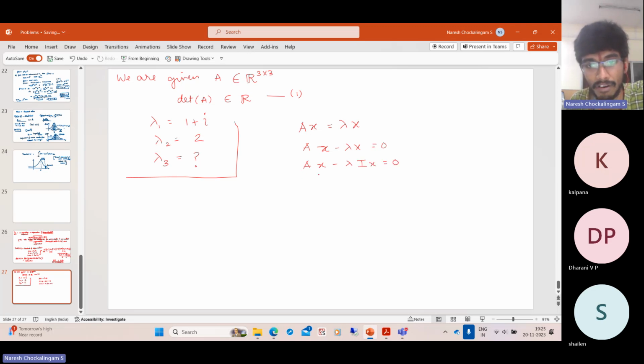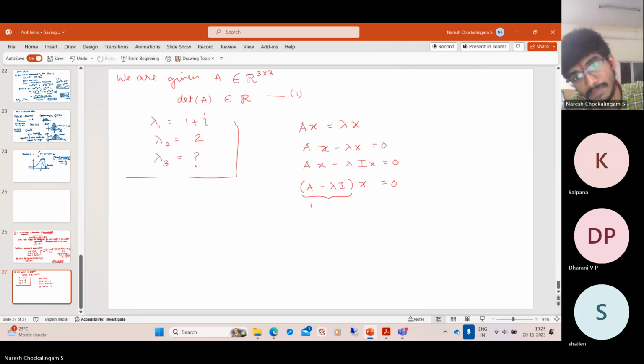Matrix product is distributive, so you can take A minus lambda I acting on x equal to 0. This is some matrix, and x is an unknown, equal to 0. So this is of the form Bx equal to 0.